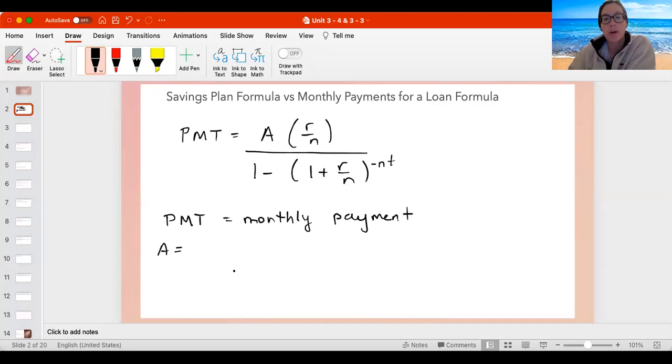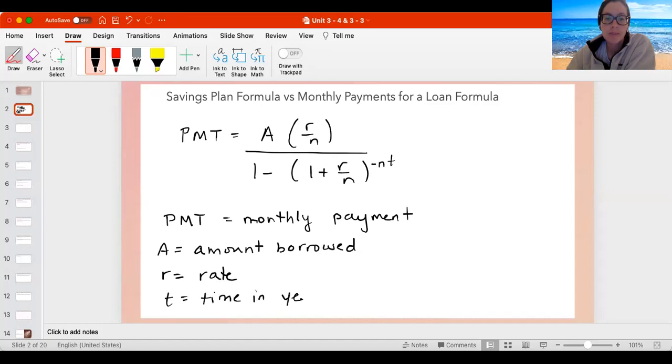A is the amount borrowed. R is your annual percentage rate. T is time in years. And N, unless otherwise stated, is going to be 12.